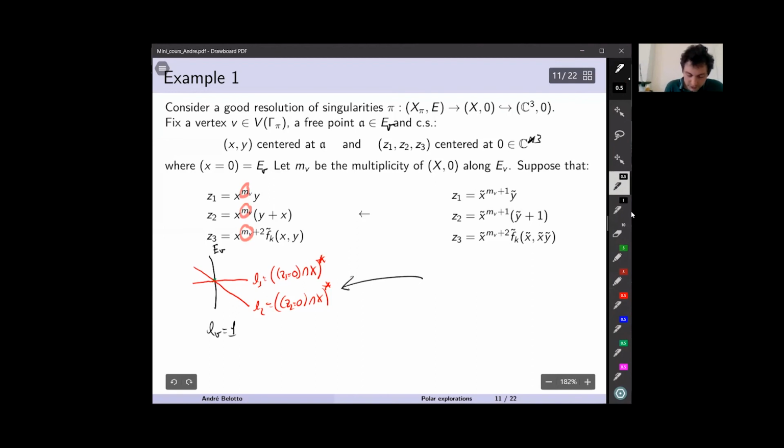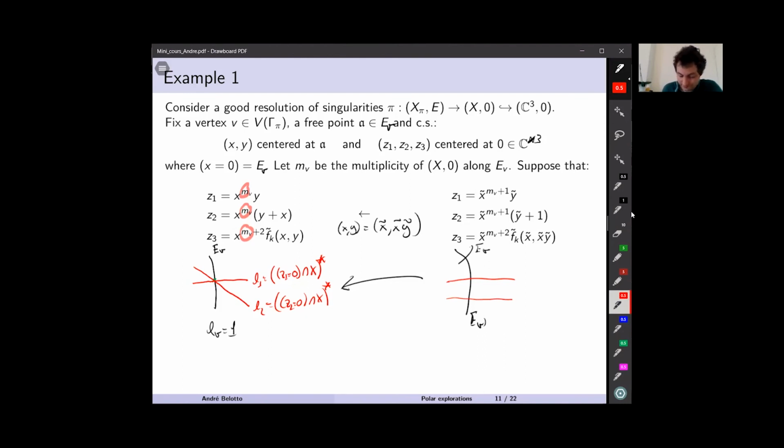Now, after the blowing up, what we're doing here is just taking x, y, x tilde, y, taking this chart. So we're going to have our EV far away, and now the new component, EV prime. And after doing this, we see in a simple way that the two polar curves, hyperplane sections, are now separated.